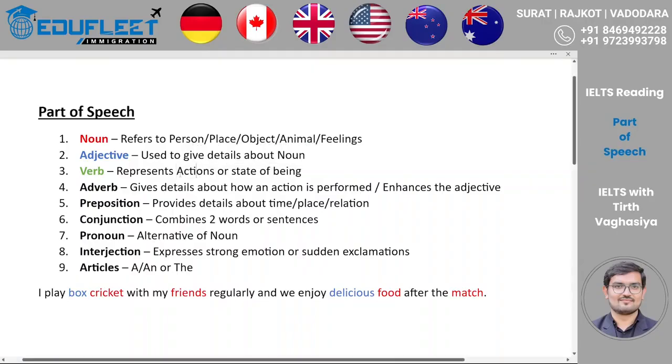A term that gives you the idea of any action has to be put under the category of verb. But that is not the only kind of term that is a verb, because there are other terms as well which represent a state of being.